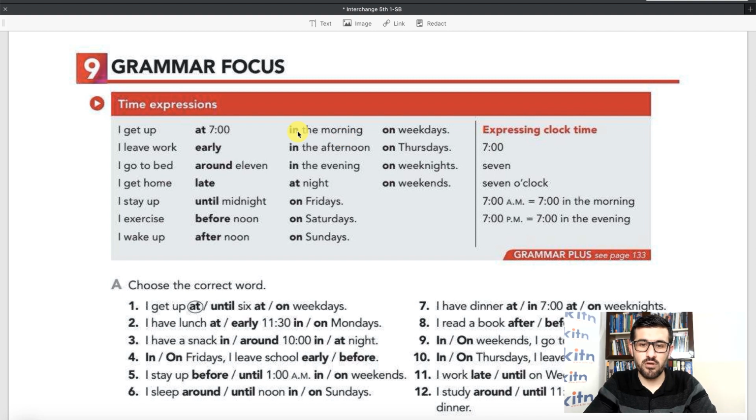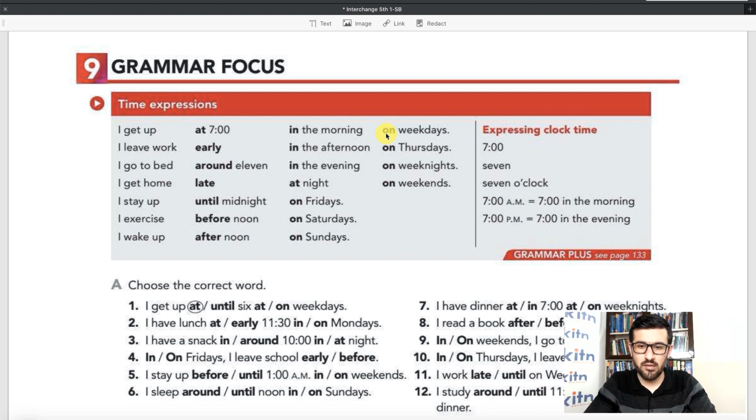However, for the morning, afternoon, and evening, we use in. So when you tell your friend that I'm going to see you in the morning, you don't say on morning or at morning, okay? And we're using on with the days of the week, okay?